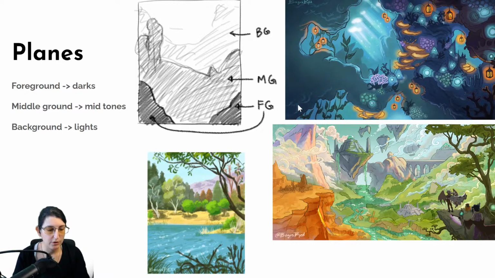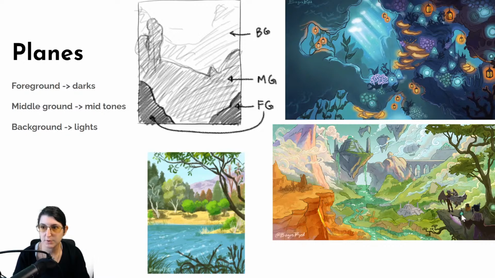To give you a more concrete example of this, if we look at this lower right illustration, the part that's closest to us is this landmass that's jutting out with the tree. You can see there's 2 characters here, but they're all dark. They're using dark values.